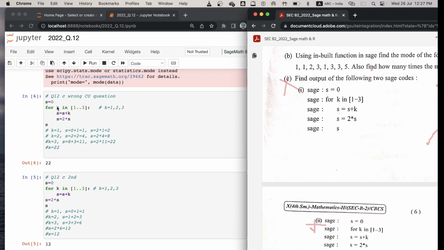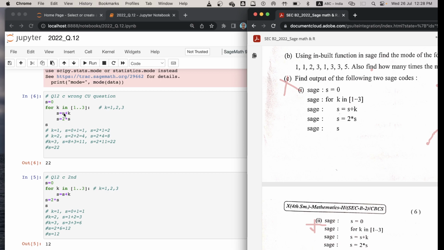So output is 22 because, suppose here the initial value of k is 1. So 1 dot 3 means k runs from 1, k equal to 1, k equal to 2, k equal to 3. So when k equal to 1, s equal to s plus k. Initial value of s equal to 0, so 0 plus 1.